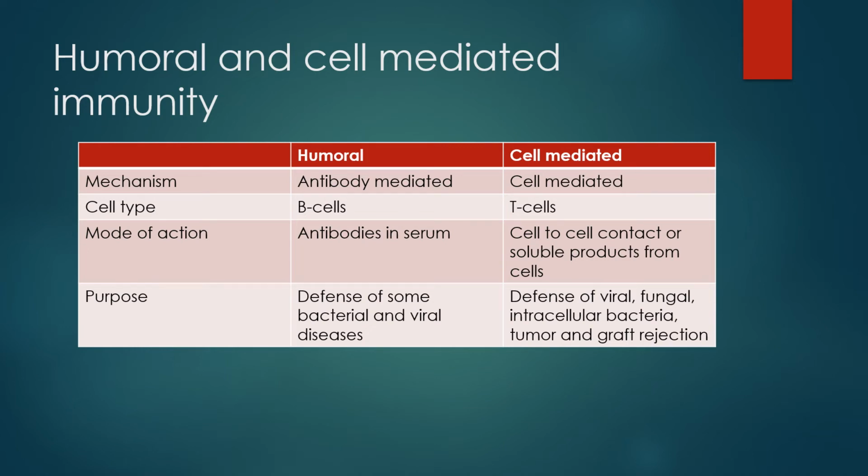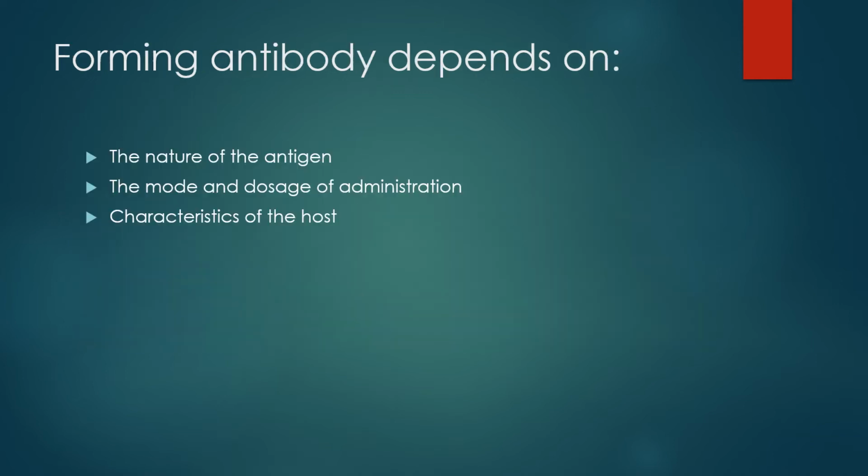For the mode of action, in humoral immunity we have antibodies in serum where the B cells stimulate immunoglobulin production. In cell-mediated immunity, the mode of action is cell-to-cell contact or soluble products from cells, such as interleukins or other cytokines. The purpose of humoral immunity is defense against some bacterial and viral infections, while cell-mediated immunity covers a few more things like viral, fungal, intracellular bacteria, tumor antigens, and graft rejections.